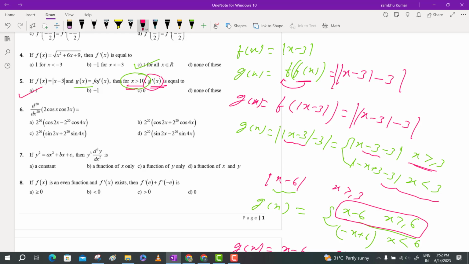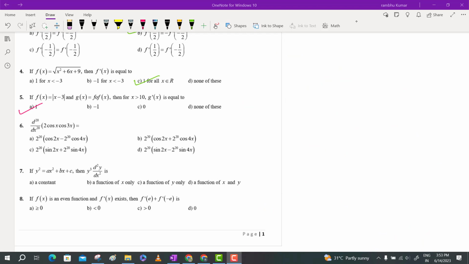Okay. Now let's move to the next question. Now next we have question number 6, given as d to the power 20 by dx to the power 20 of 2 cos x cos 3x. Okay. Now listen. All of you know the formula cos(a plus b) plus cos(a minus b), correct, no?